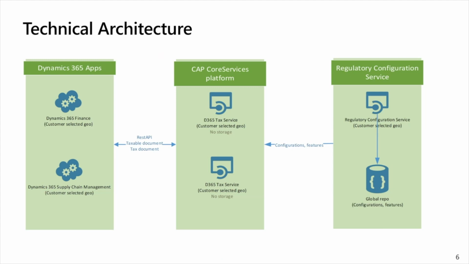And the second component is our tax service. Our tax service is built upon the CAP core service platform. And the third one is Dynamics 365 apps. These are the existing ones, and we build integration inside them to connect our Dynamics 365 apps with our tax service.